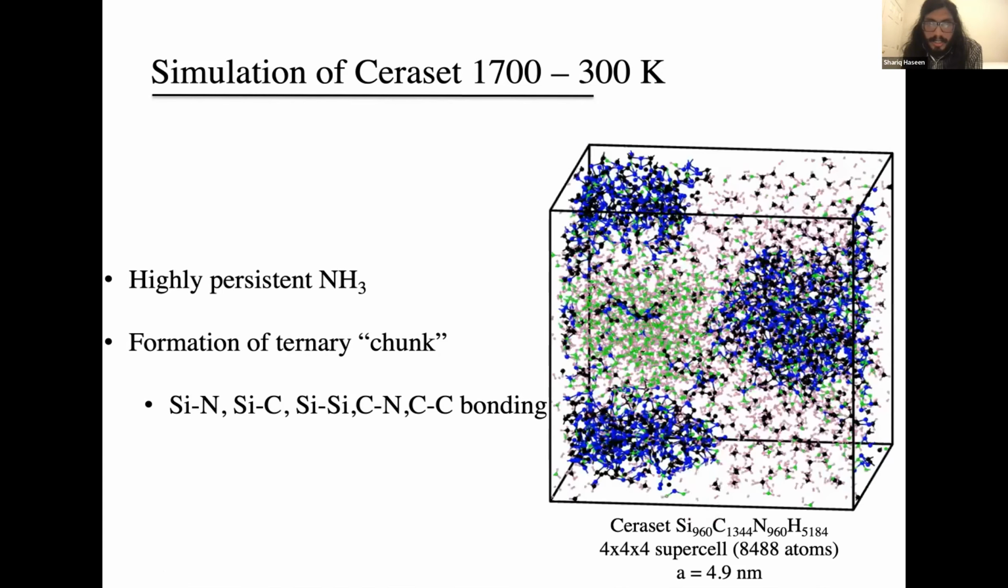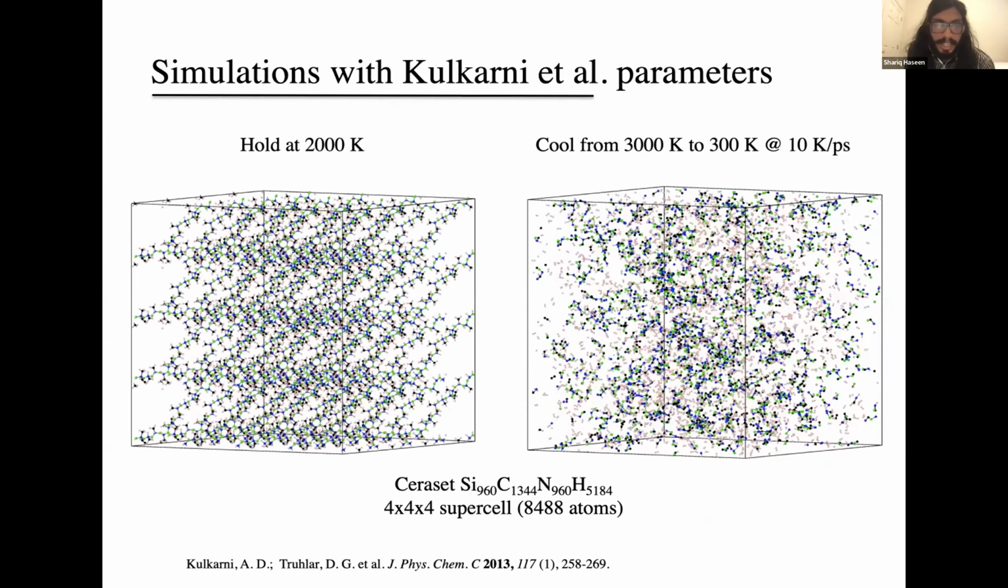All right, so now we look at how another parameter set in literature would do simulations, to give a comparison between what we can do and what is already there. This parameter set by Kulkarni, developed in 2013, was actually developed to study oxygen interactions with the silica surface.